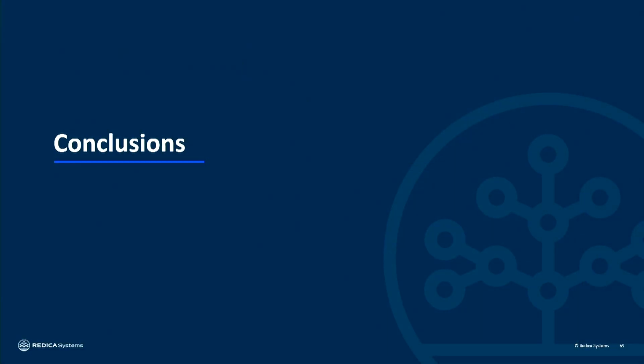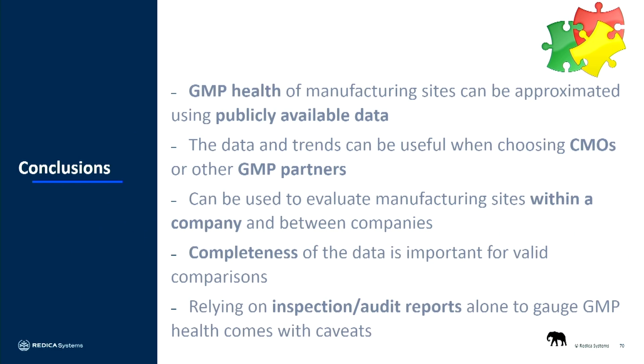So, to wrap up here, the GMP health of a manufacturing site can be determined to some extent using publicly available data. And I've shown you how we do that. The data and trends can be useful when choosing CMOs or other GMP partners.